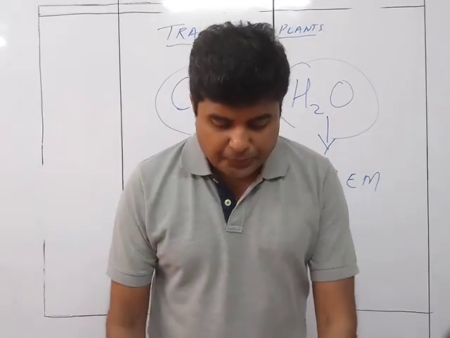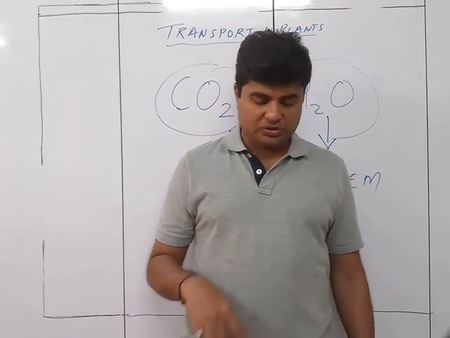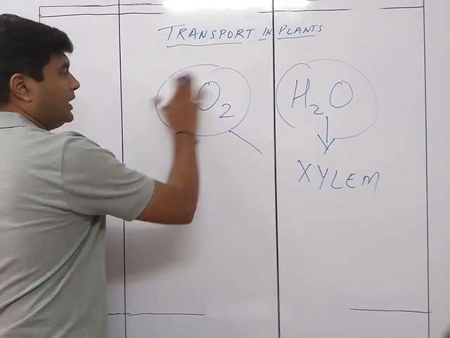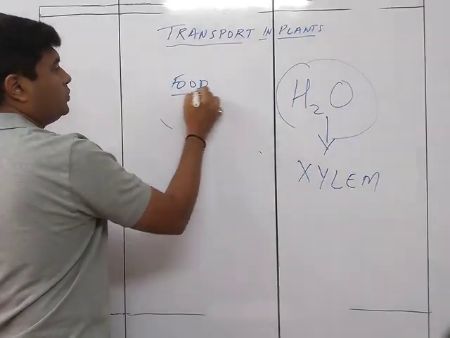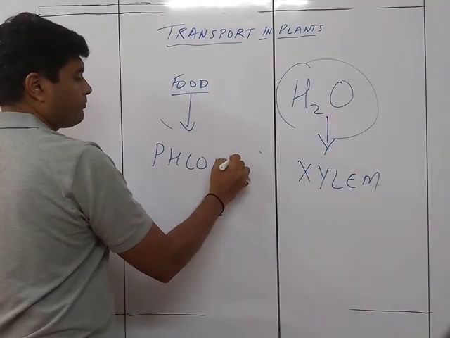Transportation in plants is carried out by a conducting system consisting of two tissues: the xylem, which is for the water, and the other one, for the food, which is the phloem.